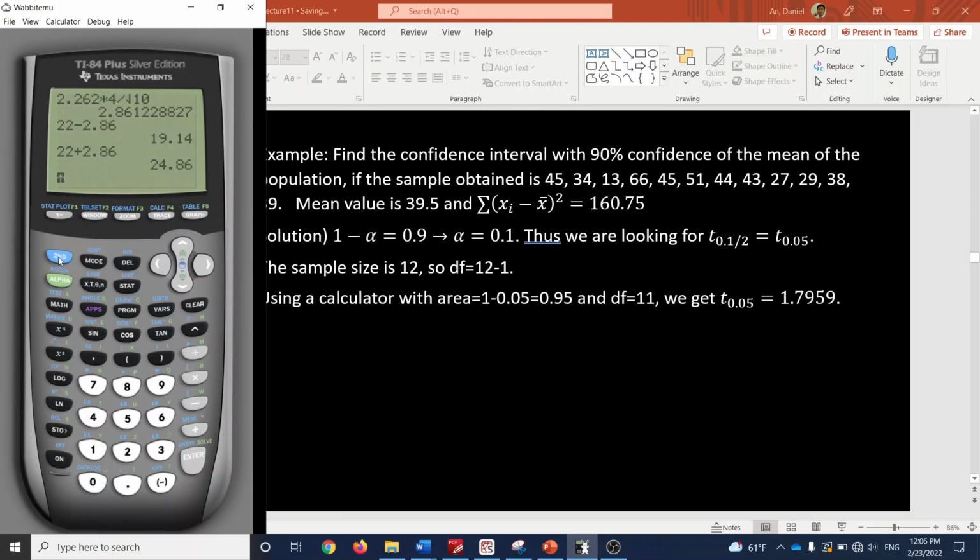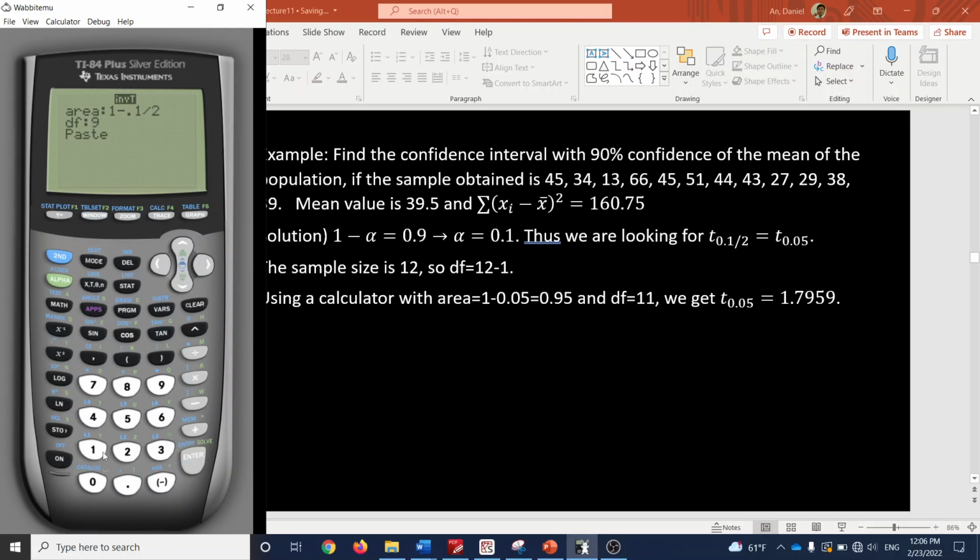We can do second, vars, inverse t, then enter. And this time, instead of 1 minus 0.05 over 2, this is the alpha value, right? So we're going to delete this one and just put in 0.1. That's alpha. Okay.